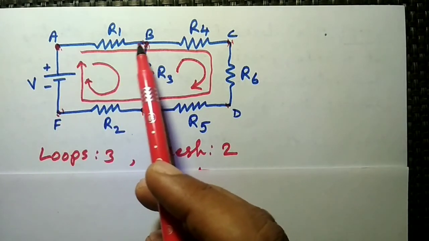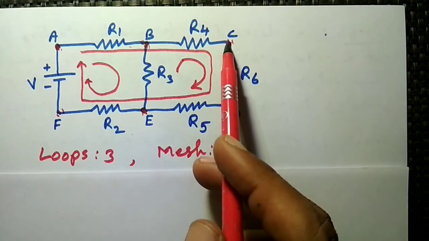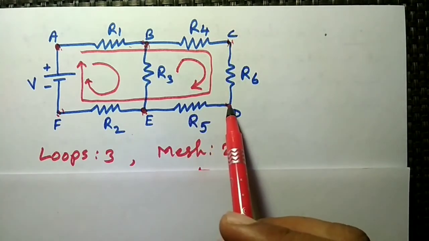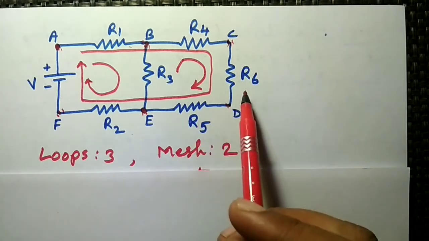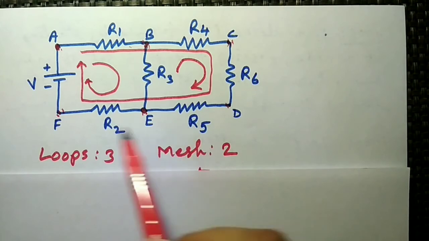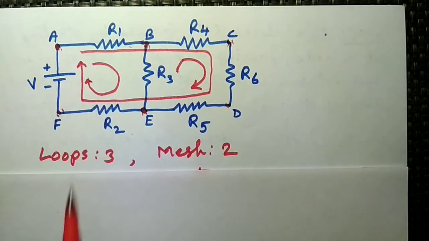At point B, R1, R3 and R4 are connected. At point C, R4 and R6. At point D, R5 and R6. At point E, R2, R3 and R5. And at point F, the voltage source and R2. So we have a total of 6 nodes in the given circuit.